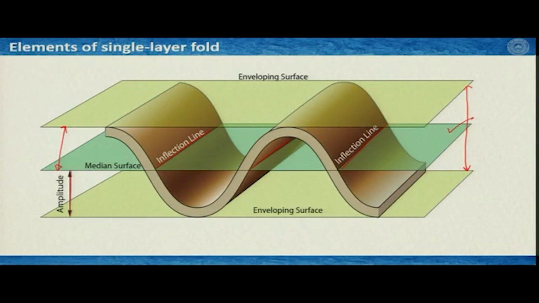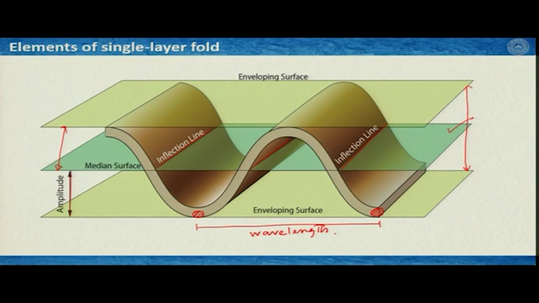The wavelength is, if I consider this as the hinge point of this antiform, then this is the next antiform and this is the next hinge point. So, distance from here to here is wavelength. So, we have now learnt enveloping surface, median surface, amplitude and wavelength of the fold.